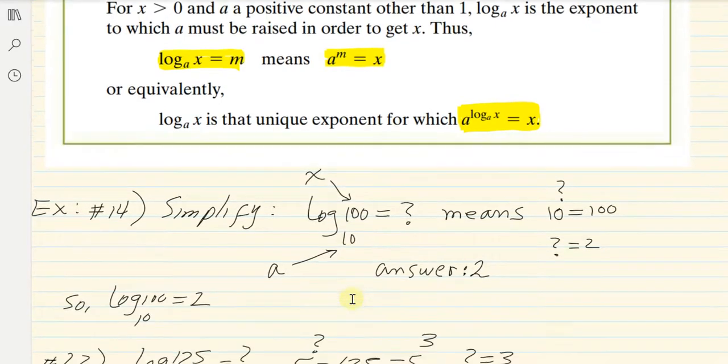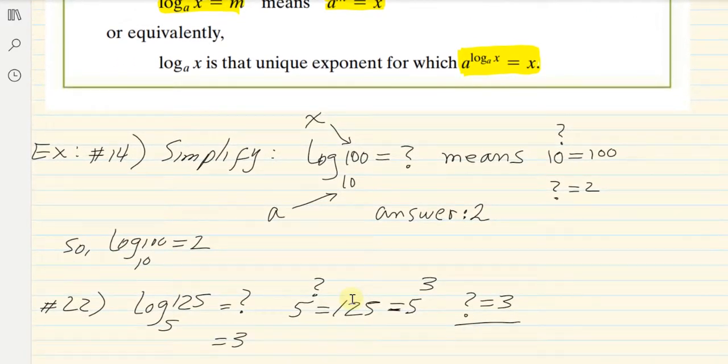And there you go. Now, our next question, number 22. We want to simplify log base 5 of 125. What does that equal? Again, I'm going to redefine it, just like the translation of logarithm goes. The base 5 raised to the power of the answer should equal 125.